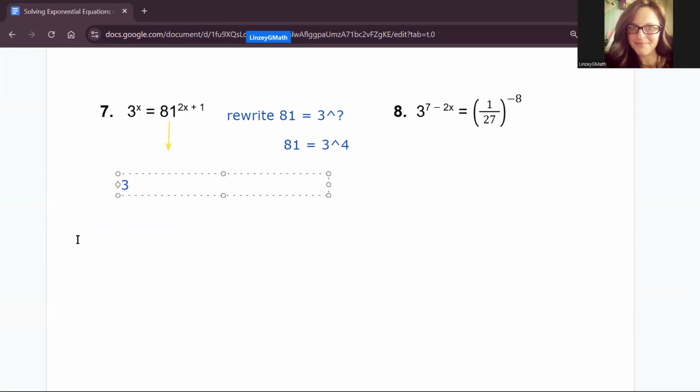And let's see here, we get 3 to the x power is equal to 3 raised to the 4th power, and then we have 2x plus 1 already in the exponent. So we need to distribute.